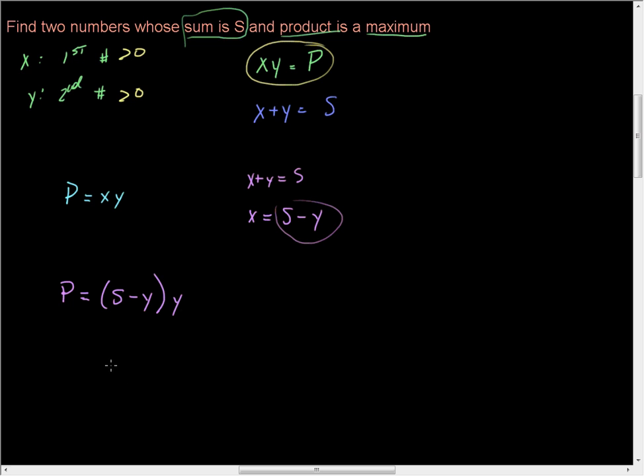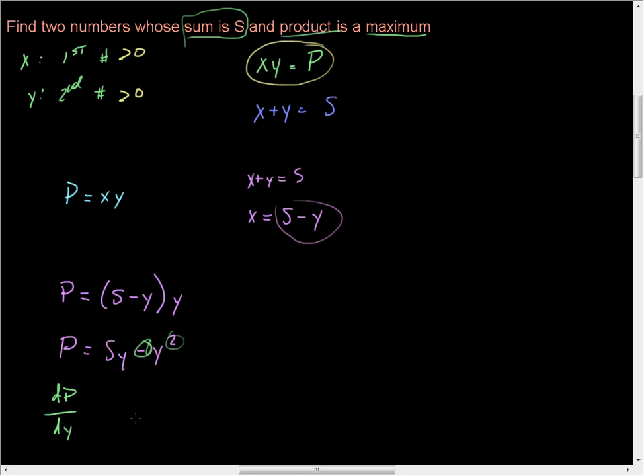And so I'm going to go ahead and expand this. Sy minus y squared. So if we were to look at this, we have a -1 out front of the y squared, and that's the dominating degree. And so this thing's going to look like an upside down parabola, which is good because we're looking for a maximum. So all we do is we take the derivative of our equation that we want to maximize according to the variable.